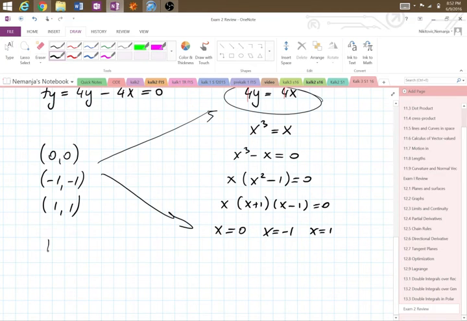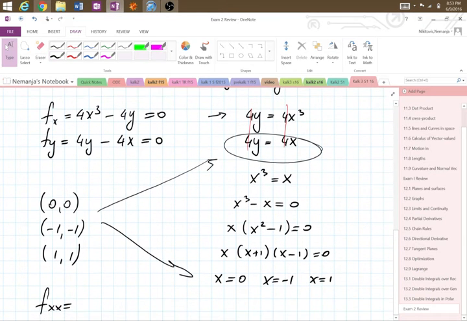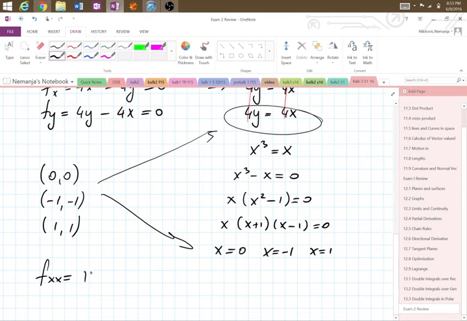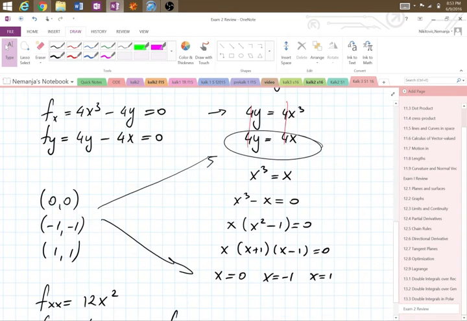So now we need fxx. Fxx is 12x squared. Fyy is 4, and fxy is -4.